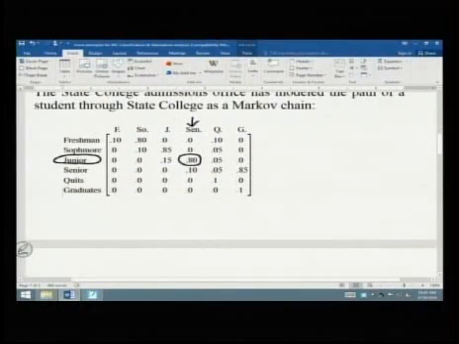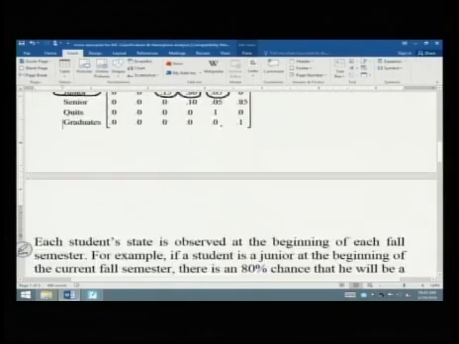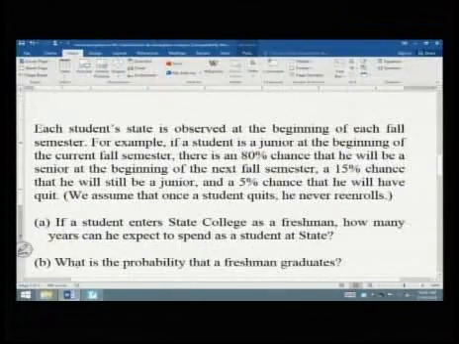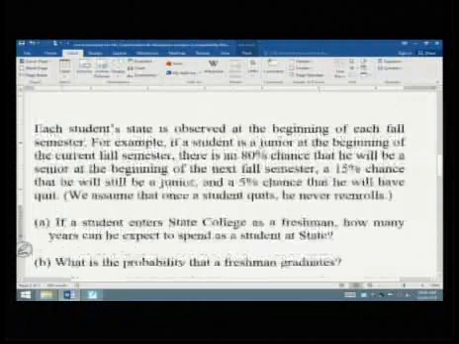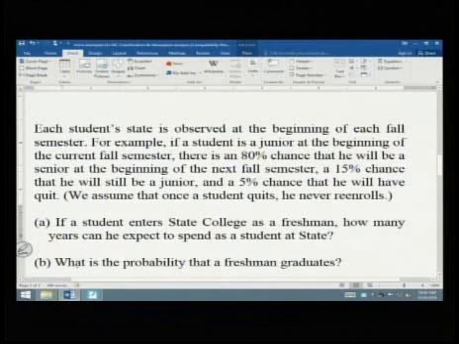That's about these two numbers, still junior or quit. And we assume that once a student quits, he never re-enrolls. So that is our assumption for the simplicity of the problem.